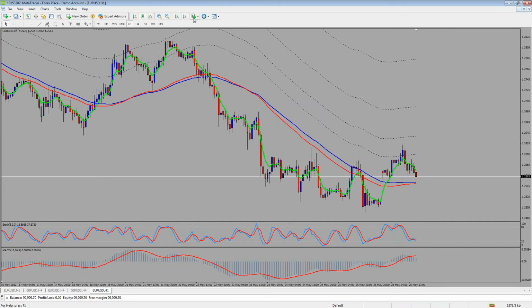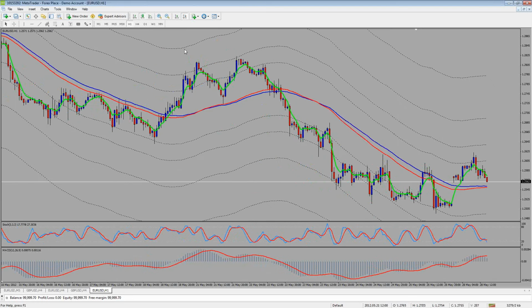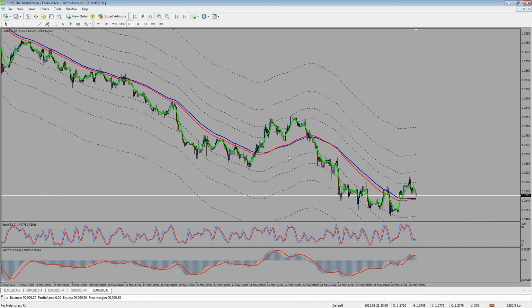And again, if I remove the zeros from the negative numbers too, now I have these lines all around the price, though they're still a bit far away.